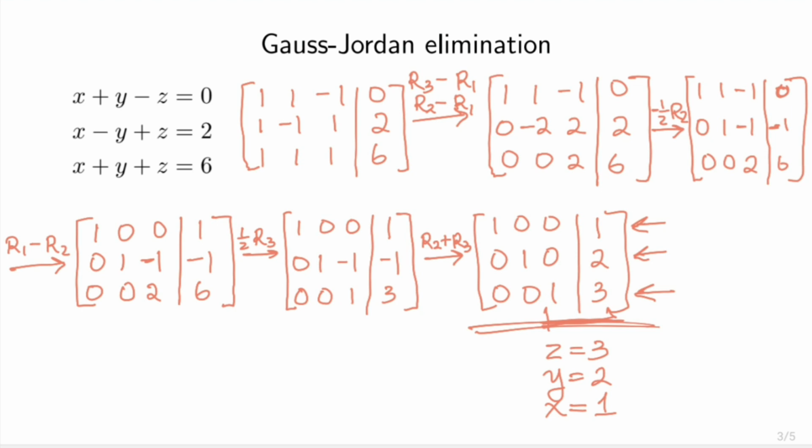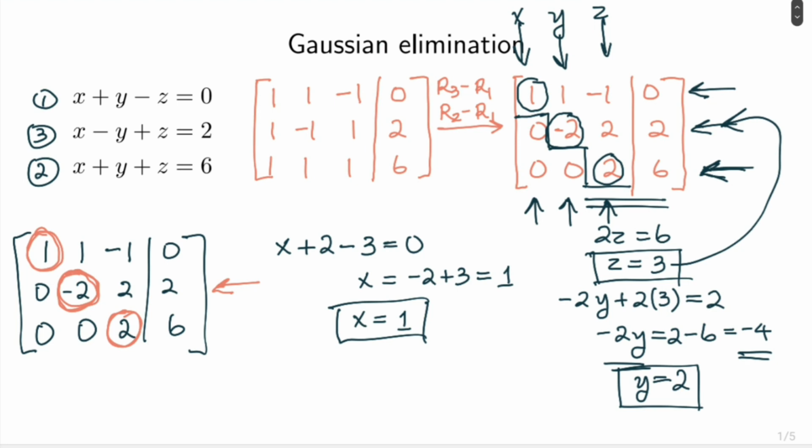So in practice, when you're trying to solve problems by computer, the computer will often use this method, that is Gaussian elimination, or the row echelon form, because there are fewer computations involved.